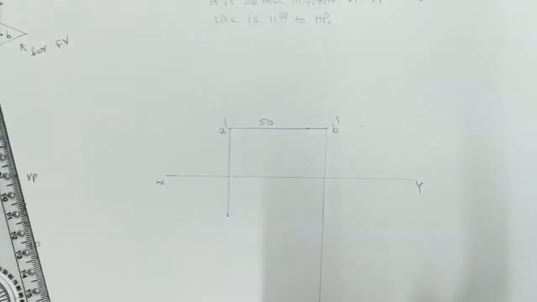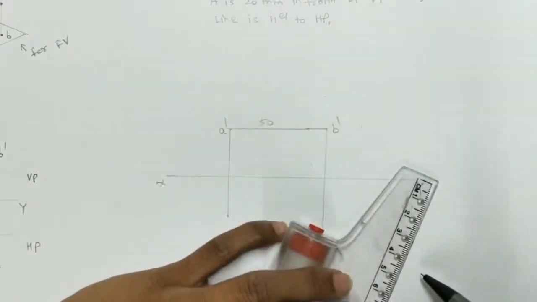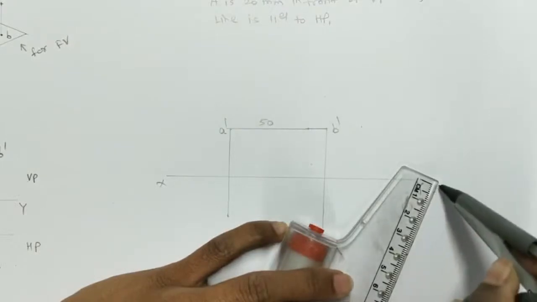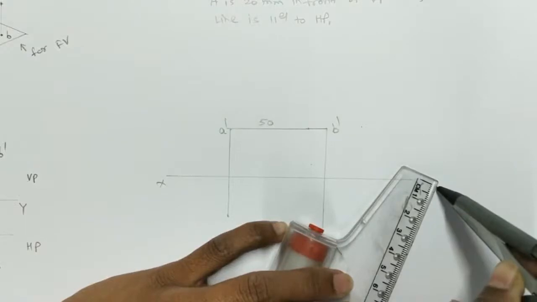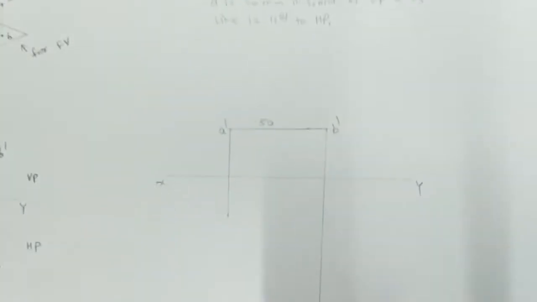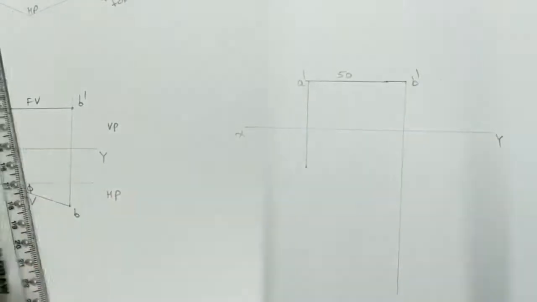And as we know, the true length is 75 mm as given. So take 75 distance in your rounder and mark from this point.